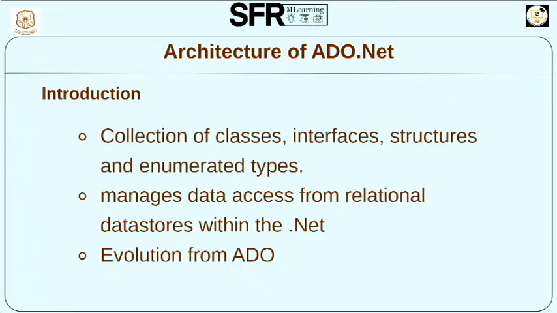It doesn't share the same object model but shares many of the same paradigms and functionality. It merges ADO and OLEDB into one layer. Each provider contains a set of classes that implement common interfaces.